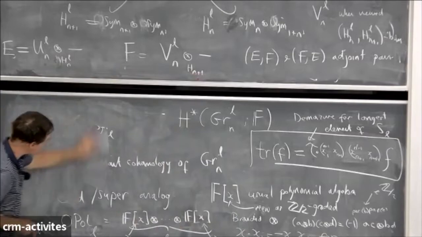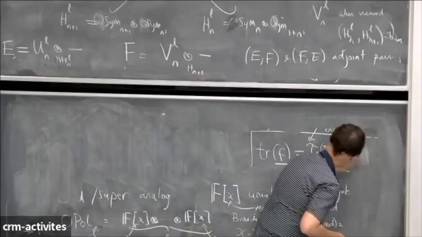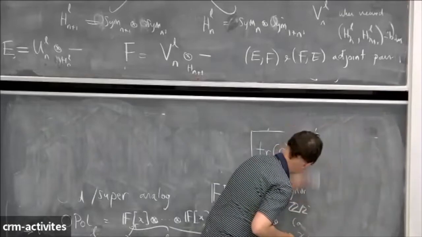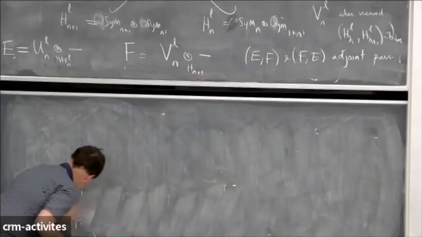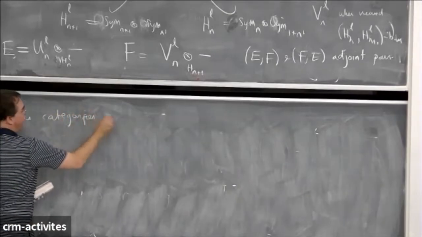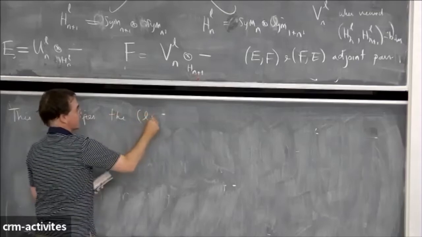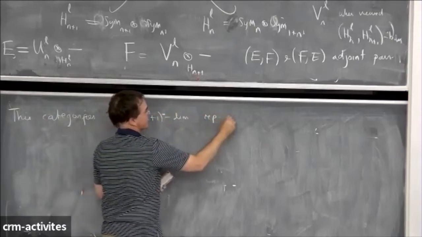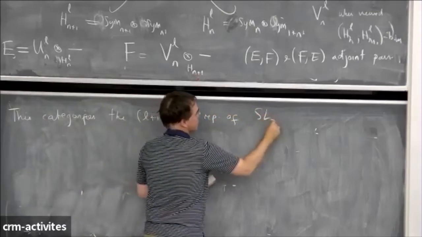So what could it possibly be? I think this is the classical fact, which is why this subject's so rich. It categorifies the L plus 1 dimensional representation of SL2.